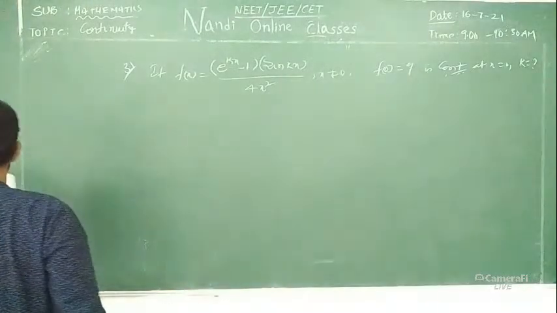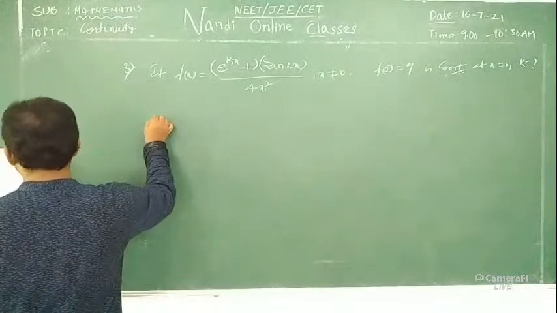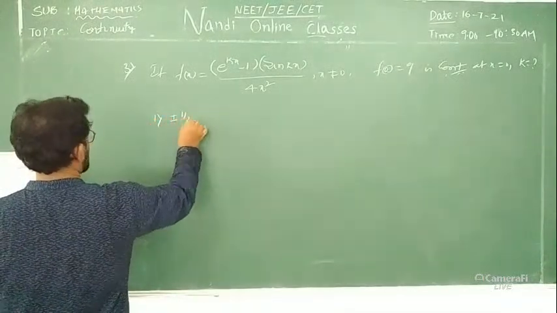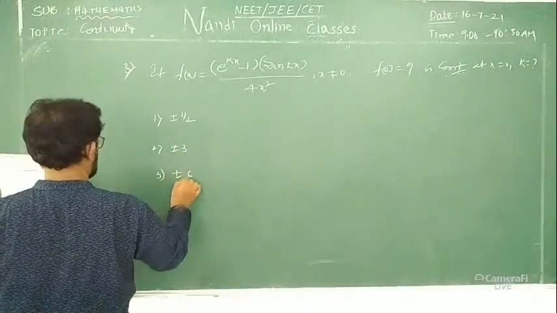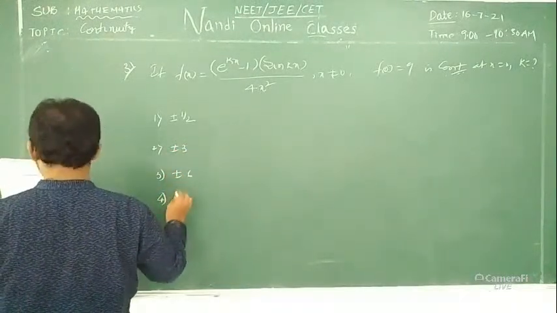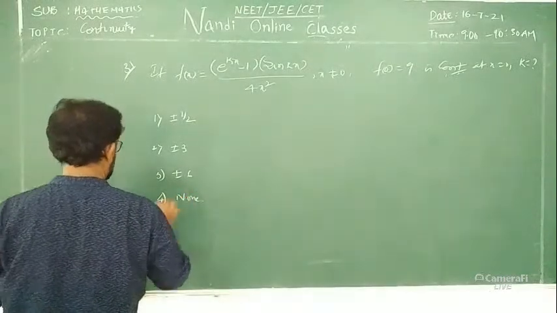So here the k value options are plus or minus 1 by 2, plus or minus, none.